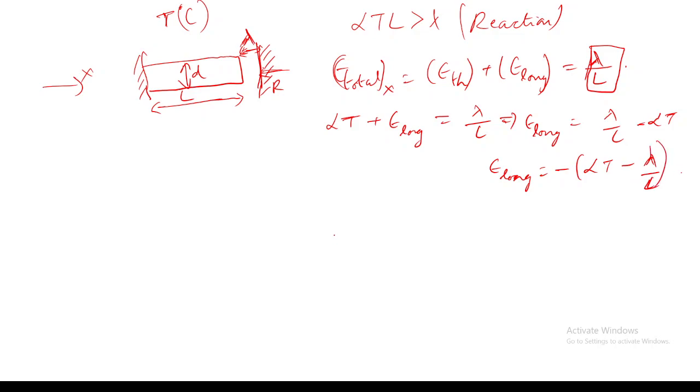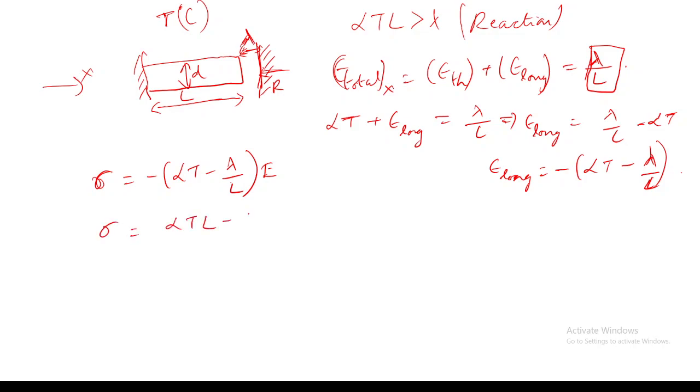If I want to find the value of the stress induced, it equals minus of alpha t minus lambda by L, into E, and the minus indicates it is a compressive stress. Is this clear?